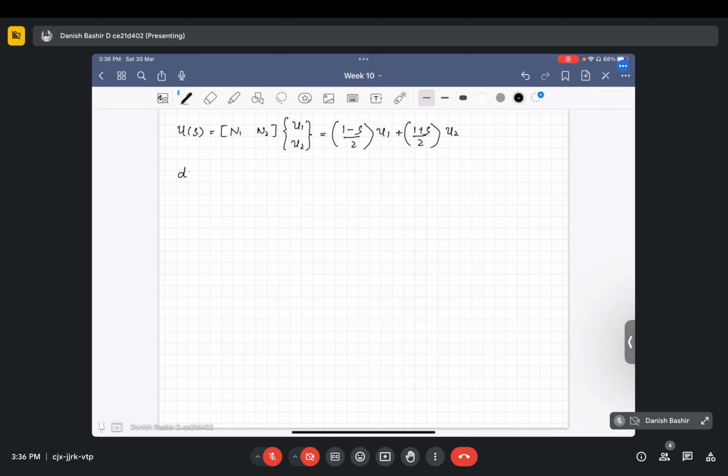And the variation du by dy will be given as 1 by L times [-1, 1] times u1, u2.